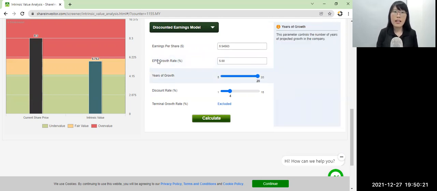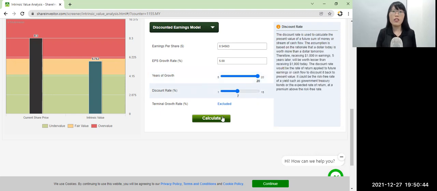Okay, then the discount rate is a big topic. Usually corporate finance professionals will use the weighted average cost of capital, WACC. In this case, it is very complicated to do this. I will advise you to use about 7%, okay? 7%. And then you can click on calculate.